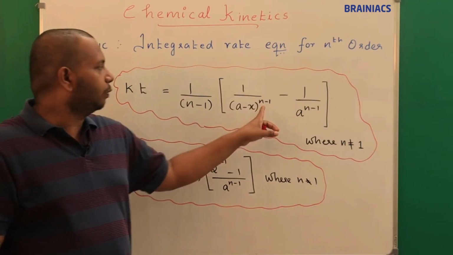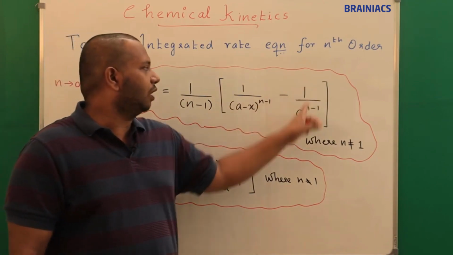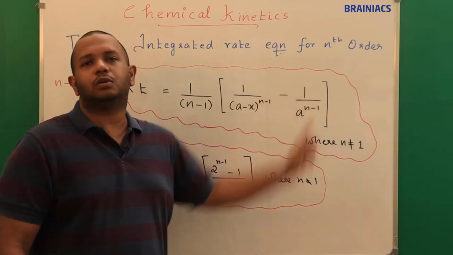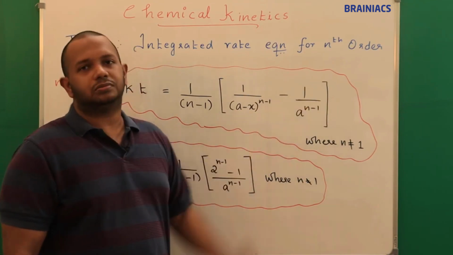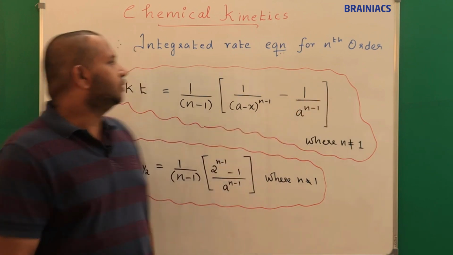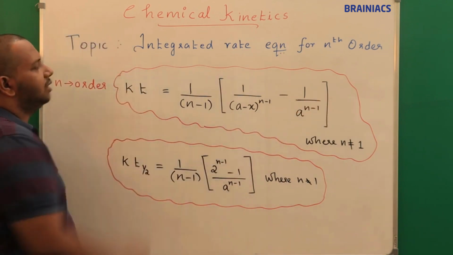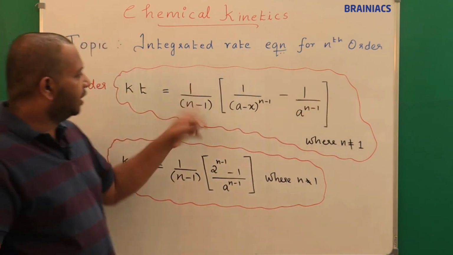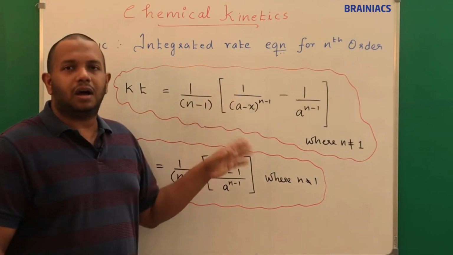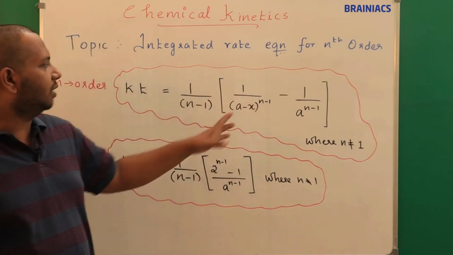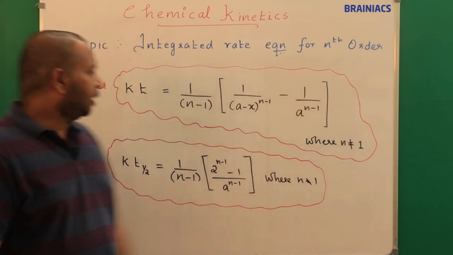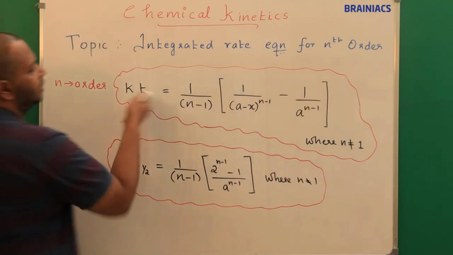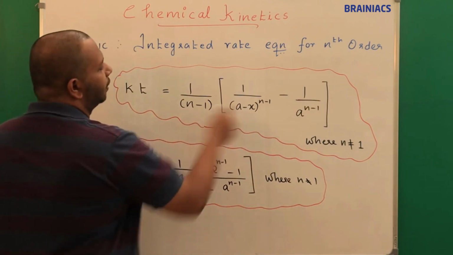If it is second order, put n as 2, then it becomes 2 minus 1. So this is the equation. Please remember kt is equal to 1 divided by n minus 1, in bracket 1 by a minus x whole power n minus 1, minus 1 by a power n minus 1. Okay. Similarly, if you substitute here t half, what will happen to x?